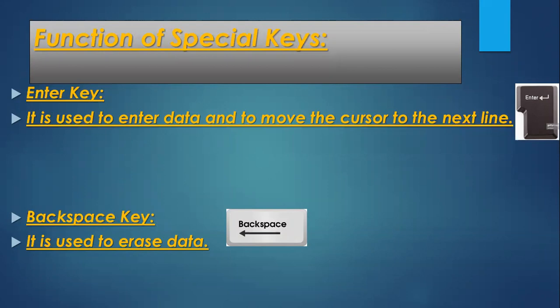If you write something wrong, you will simply erase it with the help of eraser. But if you have done something wrong while typing on computer, no need to worry about it. You can also erase your work on computer by using the backspace key. Okay.